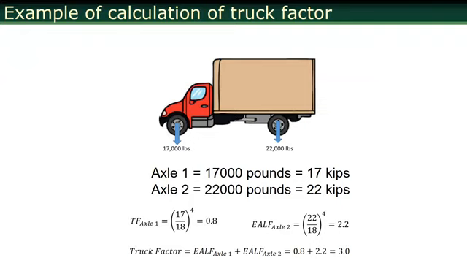But we typically split, let's say this total, we have an axle load of 17,000 in the front and 22,000 pounds in the back. So the truck factor because of the first axle is 17 divided by 18,000 to the power 4, that is 0.8. The axle load for the second is 22 divided by 18 to the power 4. And when you add these up, you would get a truck factor for this particular truck. In a nutshell, this is how we get the truck factors.